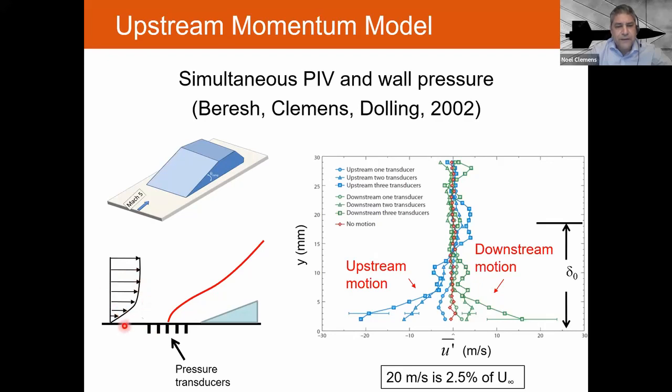And then he did PIV simultaneously with Coolite measurements, in the upstream boundary layer. Every time the shock foot moved upstream by one transducer, he would put all those PIV images in one bin. If it moved upstream across two transducers, he would put those PIV images in another bin. If it moved downstream one transducer, he'd put them in a different bin, and downstream two transducers, he'd put them in another bin.